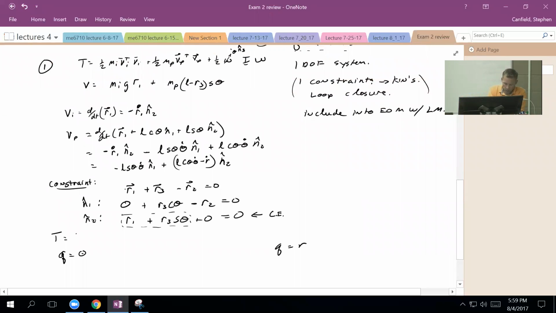So the kinetic energy is going to be 1/2 m sub I v sub I squared. So that's 1/2 m_I R1 dot squared plus 1/2 m sub p v sub p squared.